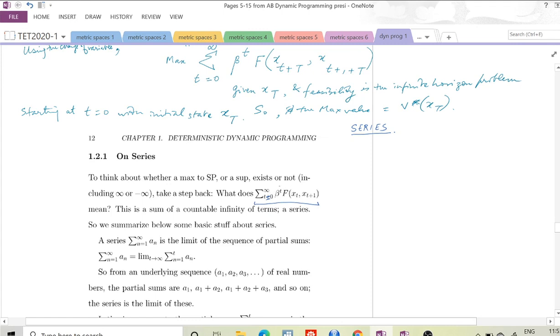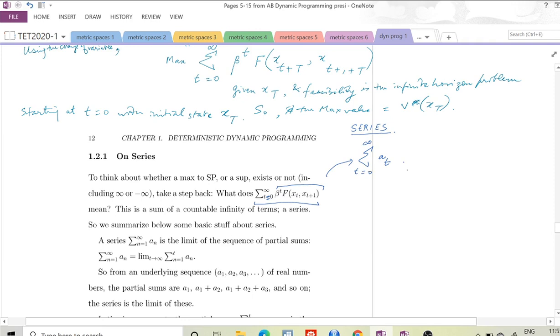More generally, there is some term here at each t. Let me call this term a subscript t. What we are looking at is something like a summation of terms, one term every period. Okay.